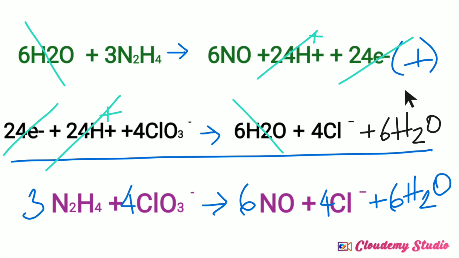But in the resultant equation we got after adding both half reactions, there are no hydrogen ions. Therefore, there is no necessity to add hydroxide ions. So this resultant equation is the final balanced equation.